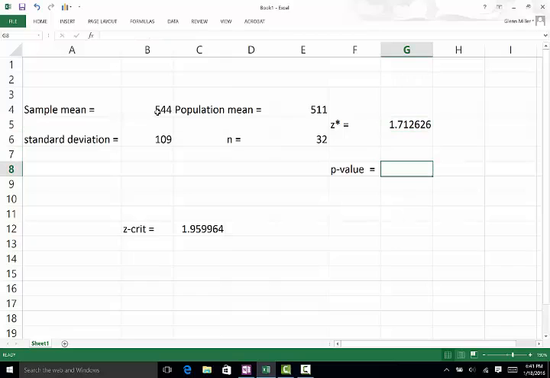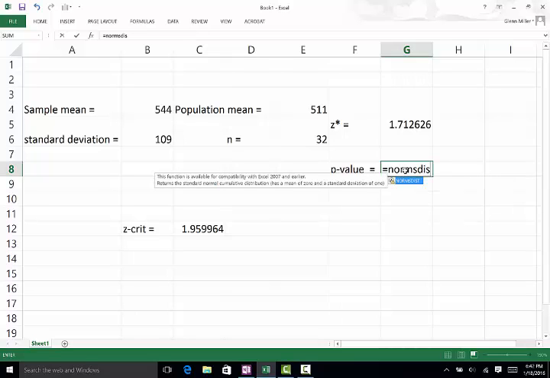Another way to see the same problem in a different way, you come up with the same conclusion, is to look at what's called the p-value. And that is, rather than comparing z-crit and z-star, we compare the probability of getting a sample mean like Joe got, compare that probability to alpha. So what we're going to do here is find the probability associated with the sample mean that Joe found.